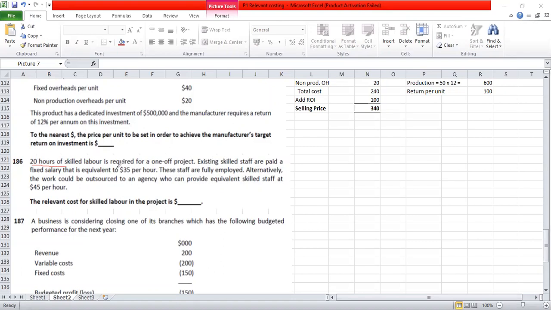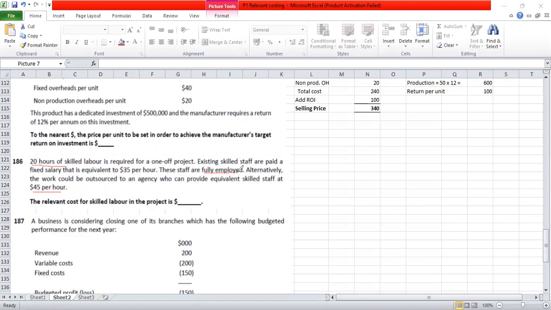Alternatively, the work could be outsourced to an agency who can provide equivalent skilled staff at 45. Since the workers are fully employed, they cannot be used for this new project.